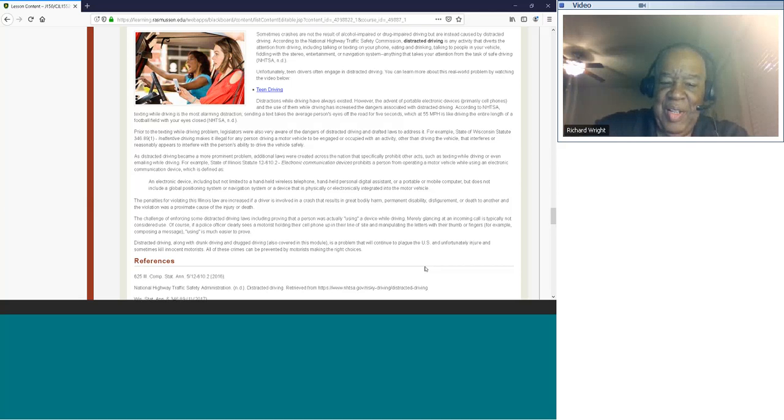It says, if a police officer clearly sees a motorist holding their cell phone up and manipulating the letters with their thumbs or fingers, for example, texting or composing a message, email, whatever, that's it. That's prima facie distracted driving. But the point of the matter is just like the seatbelt issue.